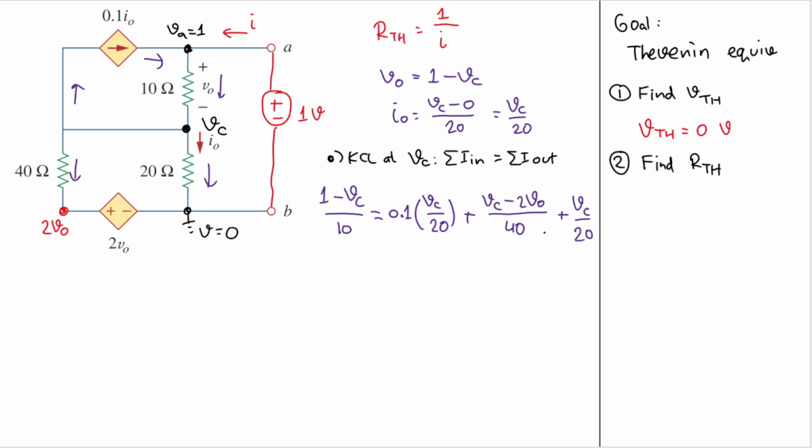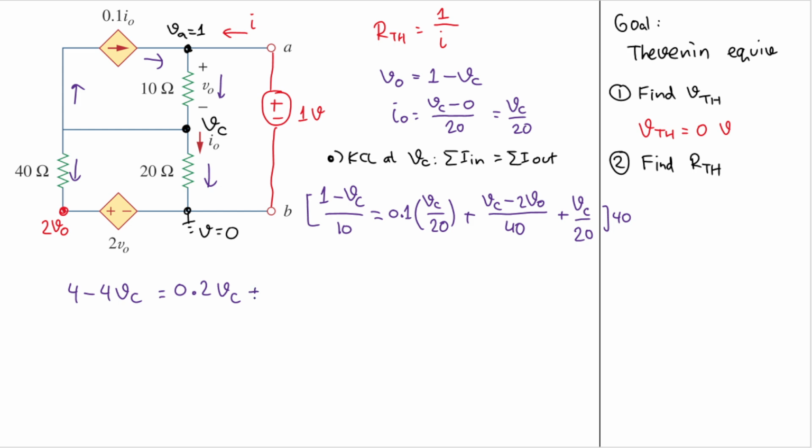Okay, I think we can multiply things here by 40. So 10 and 40 will cancel into 4, so we will have 4 minus 4 VC. And that will equal 20 and 40 will cancel into 2, so I will have 0.2 VC.